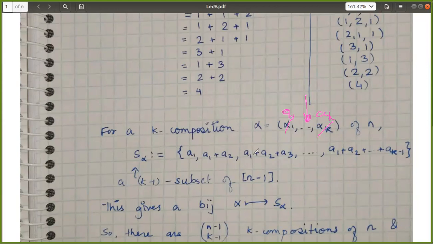And if you want to see a reverse bijection, that given some S alpha, there is a unique alpha which corresponds to it, I have to do, where is my cursor?